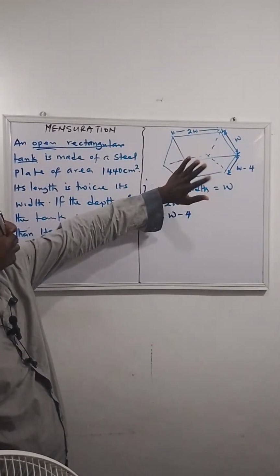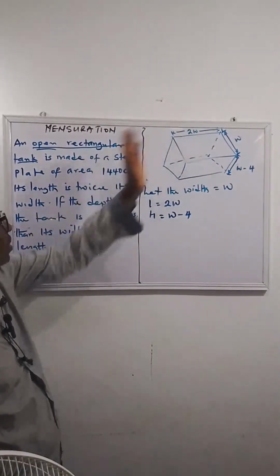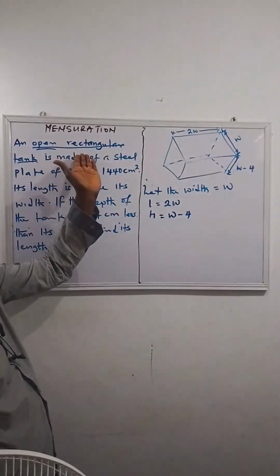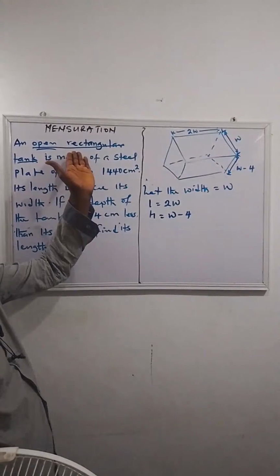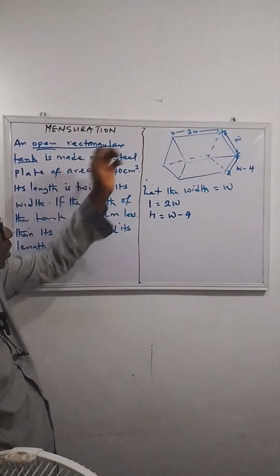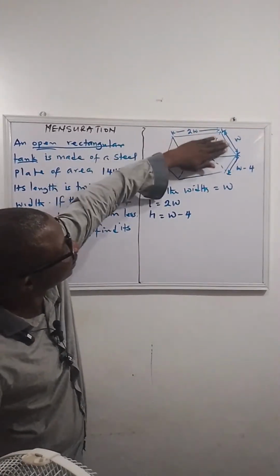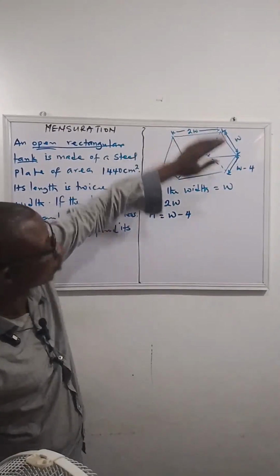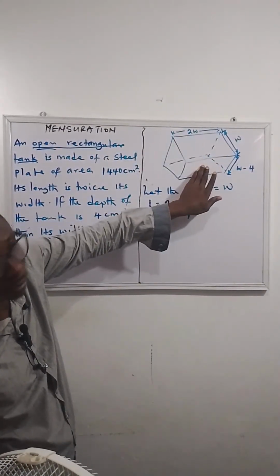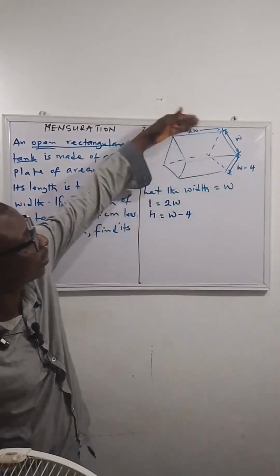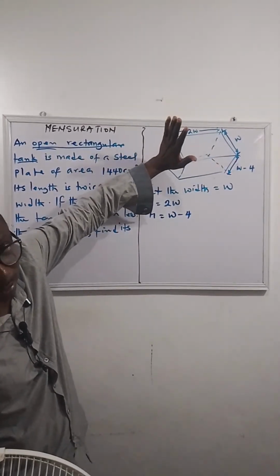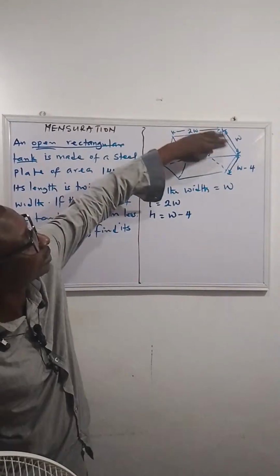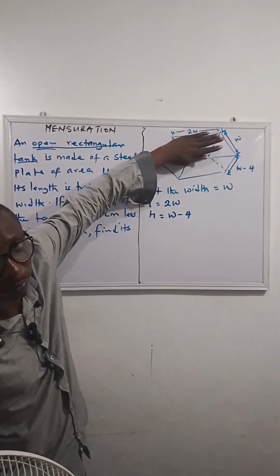Because it's an open rectangular tank, there will not be anything at the top here. So we only have the bottom closed, the two sides, and the other side closed. The upper part will be open.